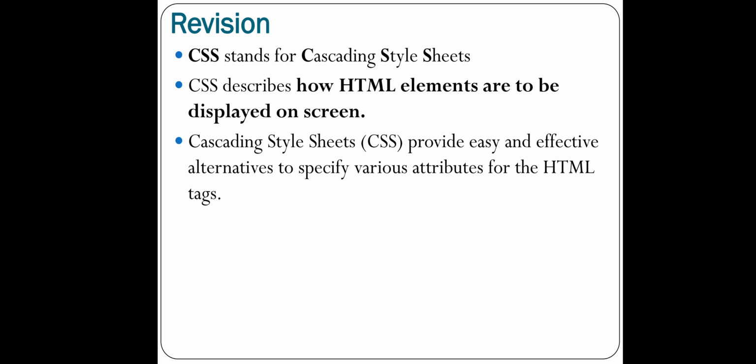Then why do we use CSS? It describes how HTML elements are displayed on the screen, meaning we apply styling to them. These points we had seen, and it is a very effective way. That is why we include CSS. We will see what exactly the third point means in today's session.